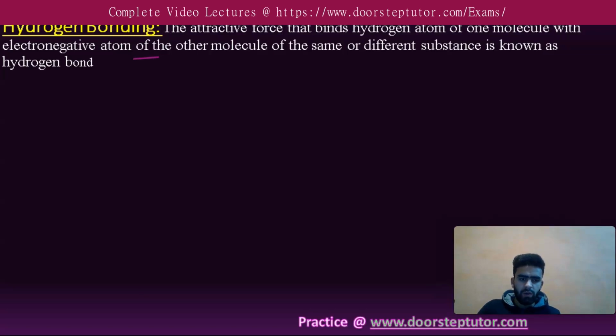As we know, in the periodic table there are three elements which are most electronegative, and these three atoms are nitrogen, oxygen, and fluorine. Hydrogen bonding is found only in compounds of these three elements.